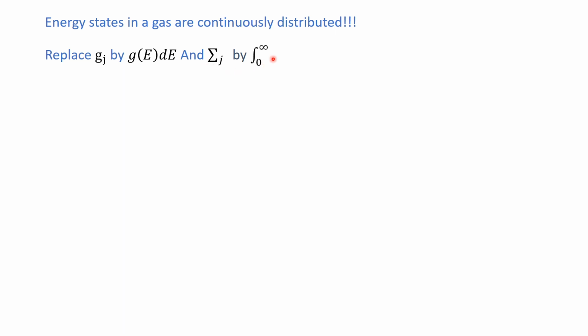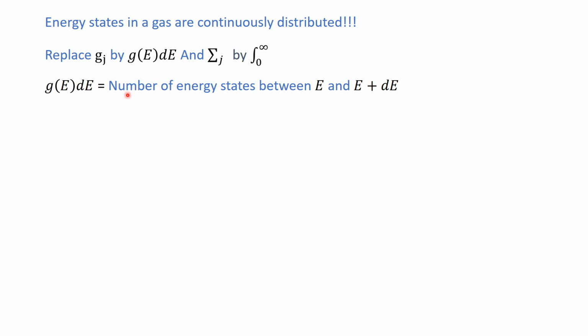This is the very usual procedure when we go from a discrete system to a continuous distribution system: we replace the summation sign by the integration. And then Ge dE is actually the number of energy states that lie between E and E plus dE.